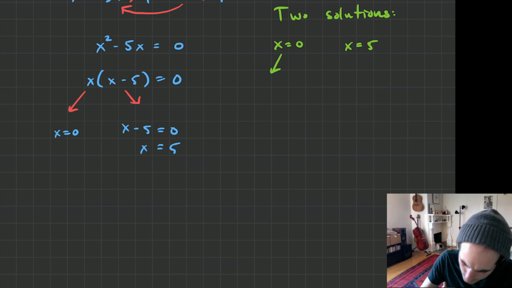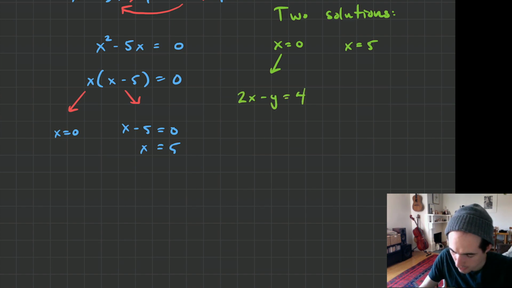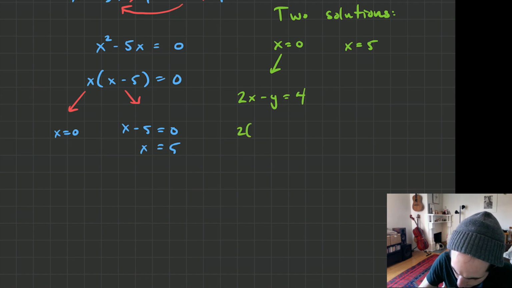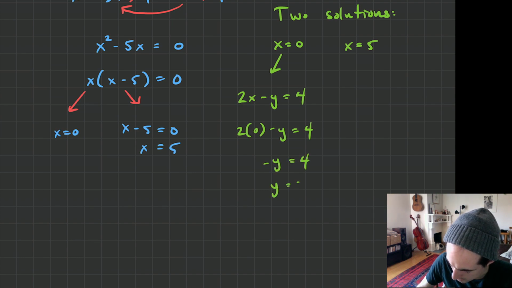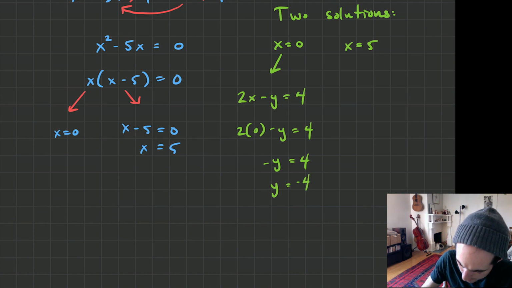If 2x minus y equals 4, then we would have 2 times 0 minus y is equal to 4, or in other words, negative y equals 4, or y equals negative 4. Okay, so that would be our one point. So we would have the point 0, negative 4.